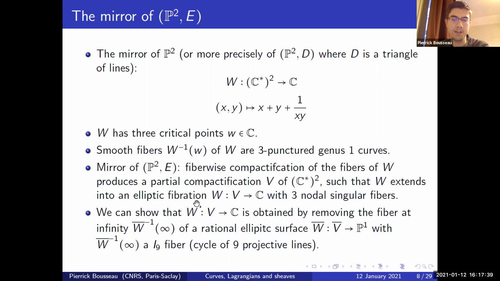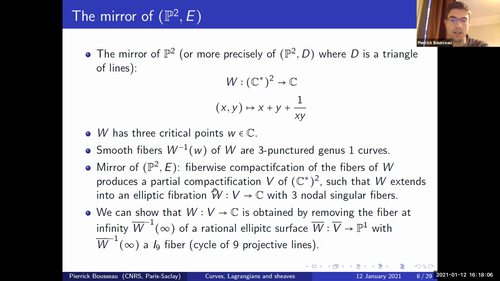And on the mirror side, this deformation of the triangle of lines into a smooth cubic corresponds to fiber-wise compactifying the mirror. So you can fiber-wise compactify the fibers of W. I told you that each fiber of W was a genus 1 curve minus 3 points, and you just add these 3 points to fill in and to get compact genus 1 curves.